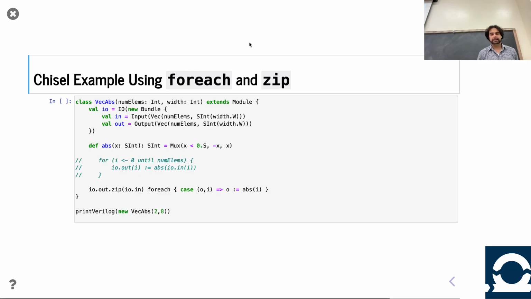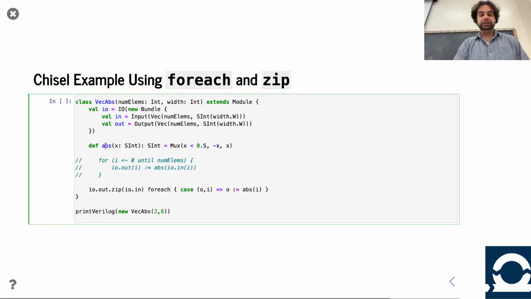Sure. So, given a vector of SInts, so these are signed integers, we're going to apply the absolute value operation to all of them, right? So here's one way you might go about writing it. You could first write this absolute value function. This is a Scala function that works on Chisel objects. And what does it do? It uses the mux, right? If the thing you give me is less than zero, negate it.